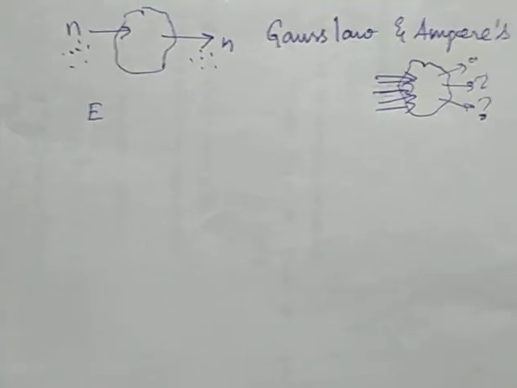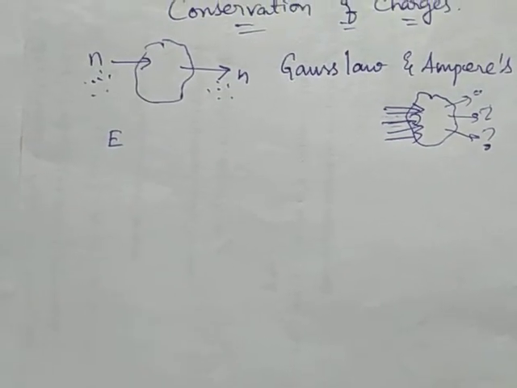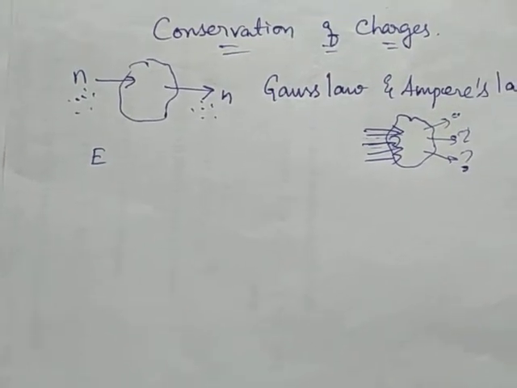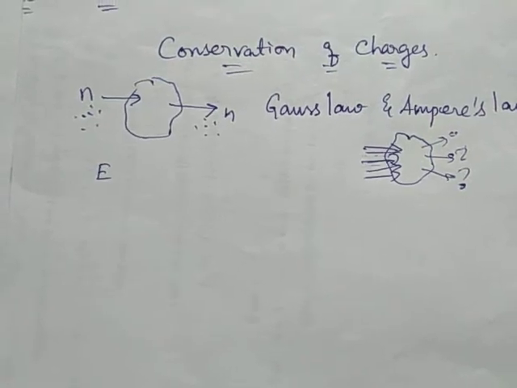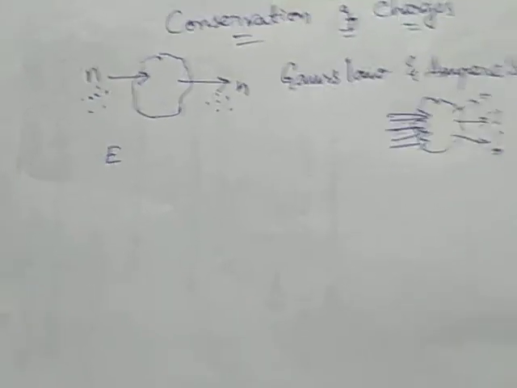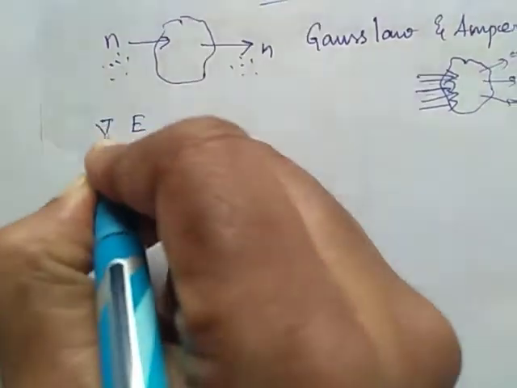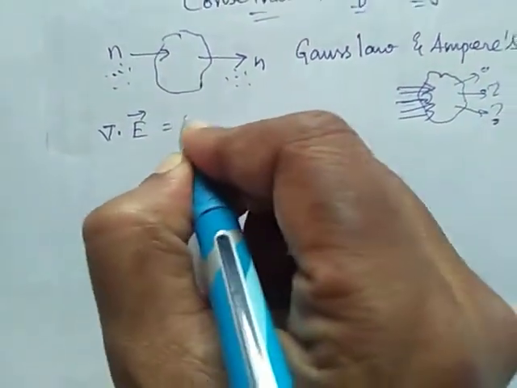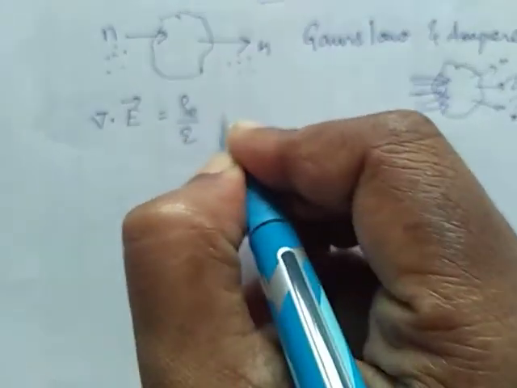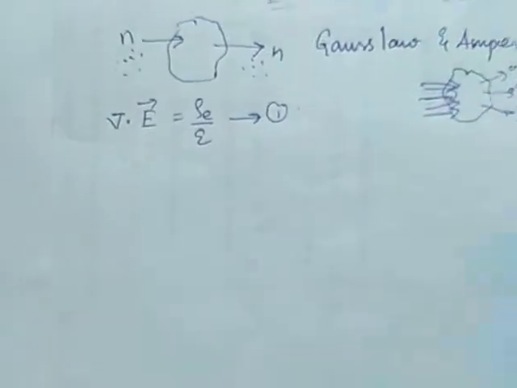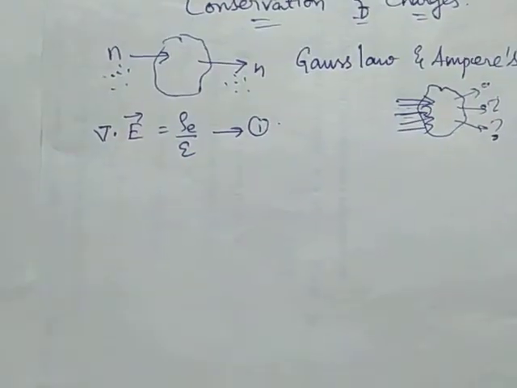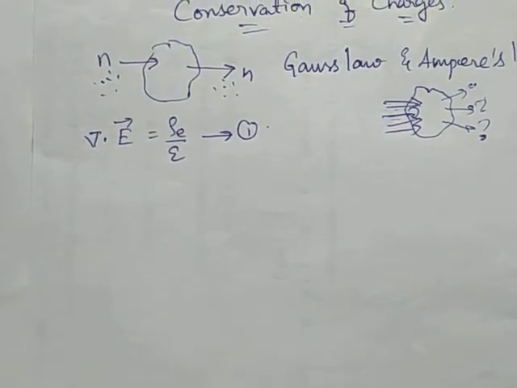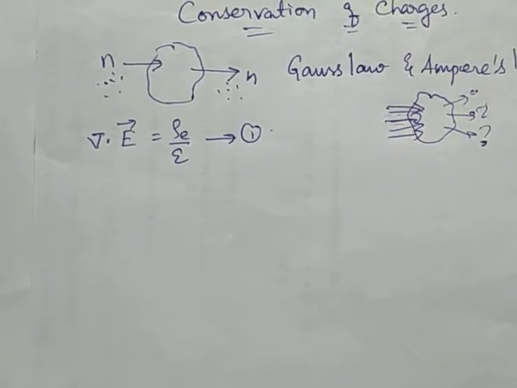So this is our Gauss law. Mathematically, it is denoted by del dot E is equal to rho E by epsilon. I'll take this as equation 1. Now, we know the definition of dielectric field.